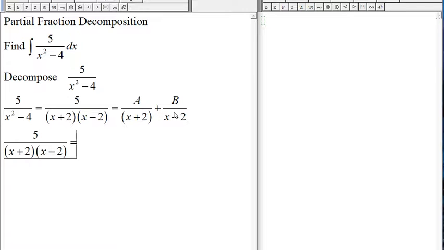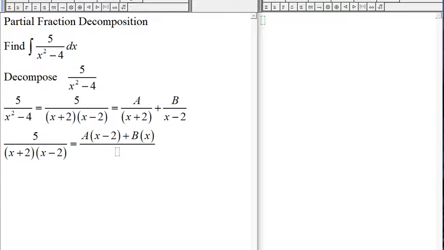And if you have two fractions, to combine them, we can just do cross multiplication. So this is a times the factor x minus 2, plus b times the factor x plus 2, and then dividing by the product of the two denominators, so dividing by x plus 2 and then x minus 2.